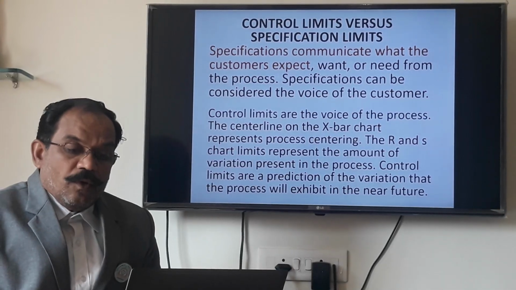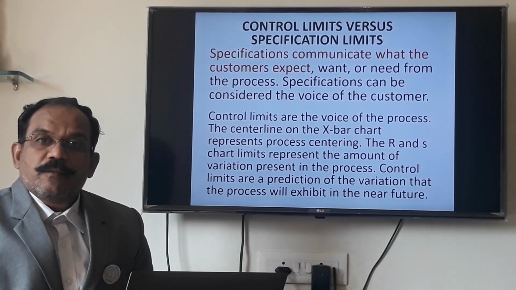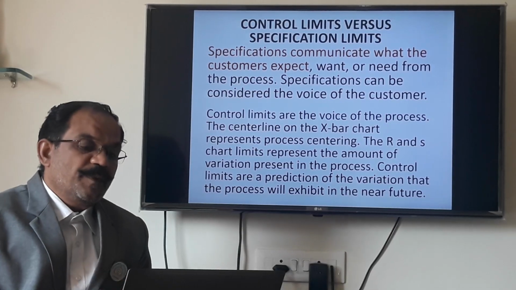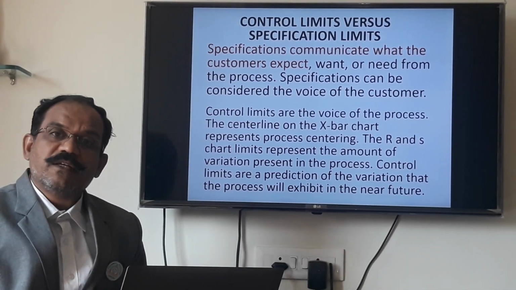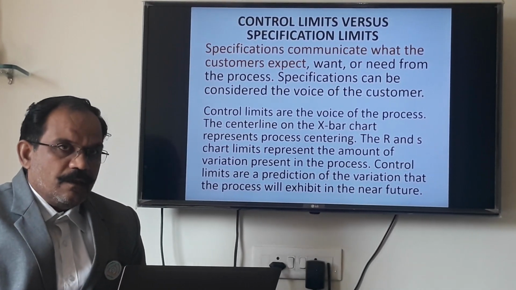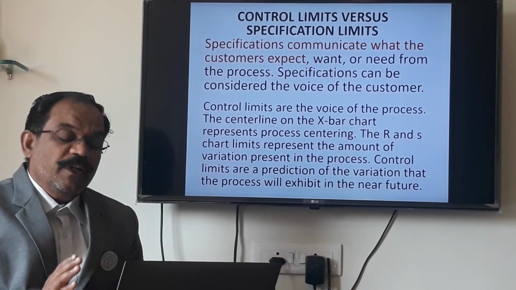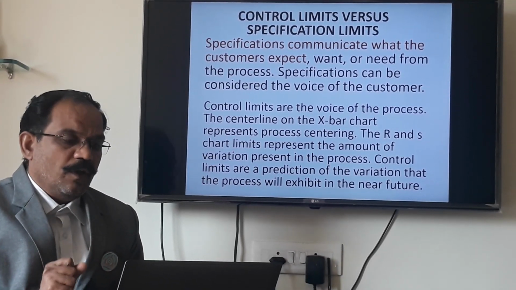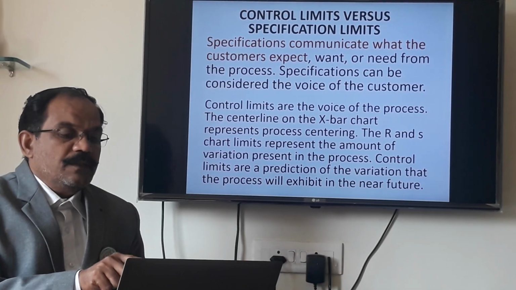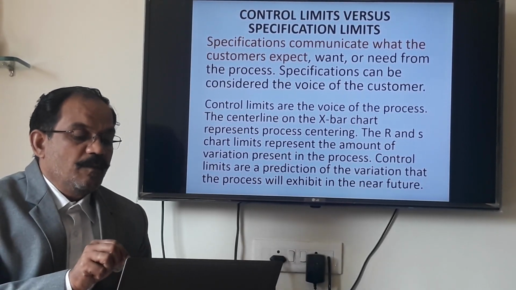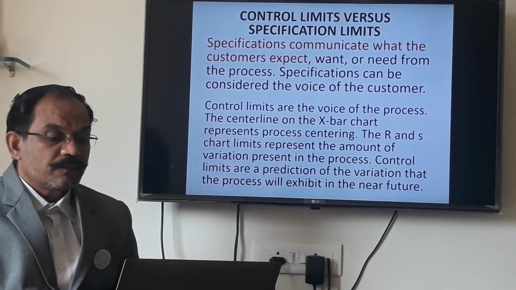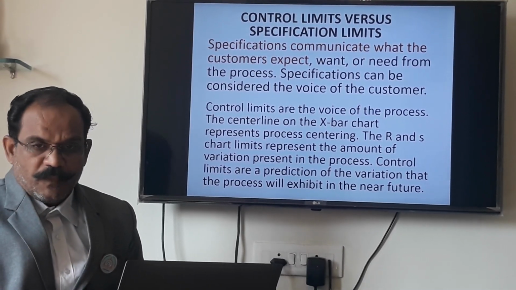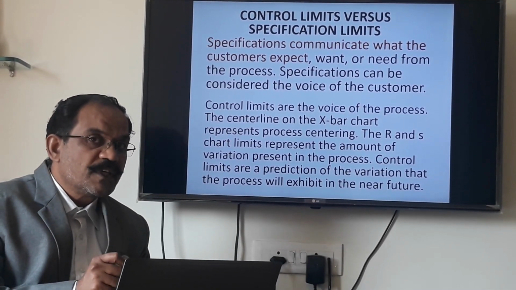Now, earlier we have also discussed control limits. What is the difference between control limits and specification limits? Specification is given by the designer. Control limits are also limits where the product should fall. Specifications communicate what the customers expect, want or need from the process, because these are related with the process.